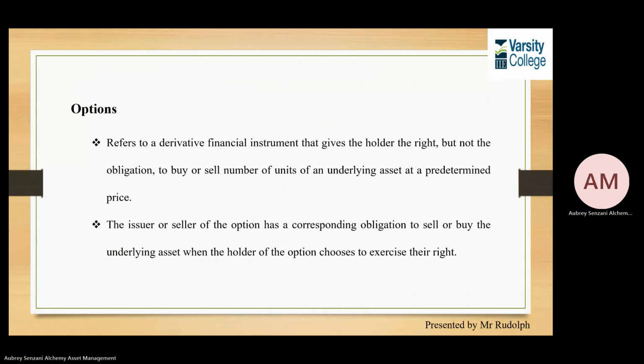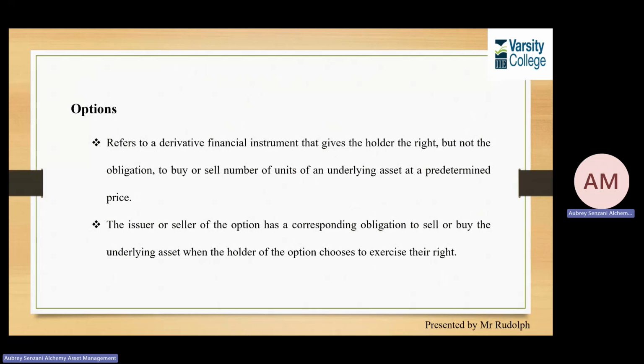So, what are options? An option, firstly, is a derivative financial instrument. If ever they ask you to define an option, you need to say it is a derivative financial instrument. And what does this instrument do?